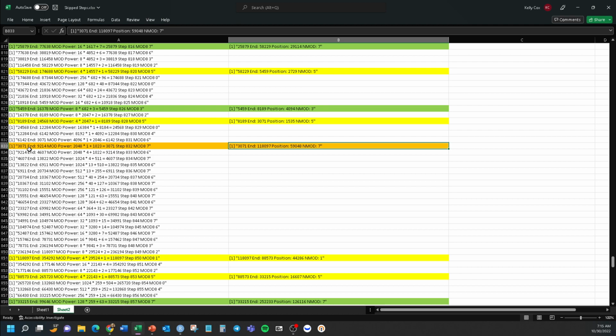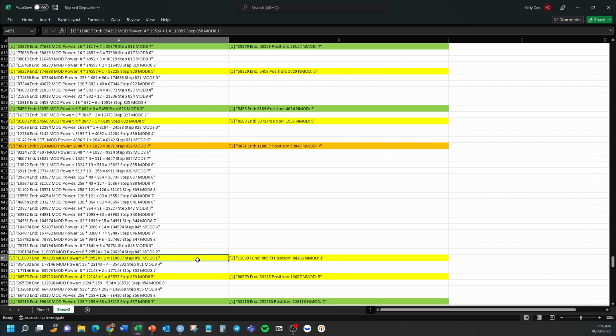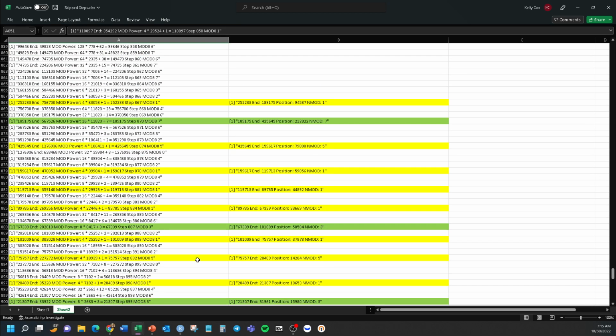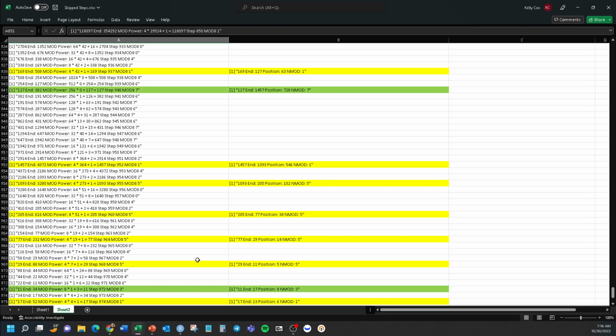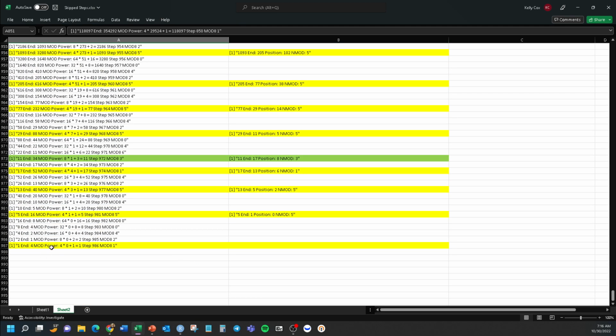So this number in binary is 1, 0, and then 10 ones, right? And so I'm just going to do 10 collapses to get to the 4. Right, and then we just continue 240 steps to the number 1.